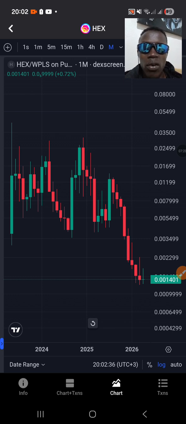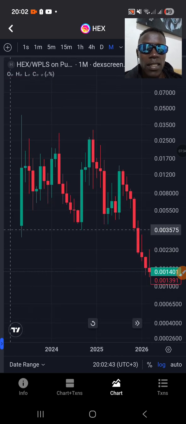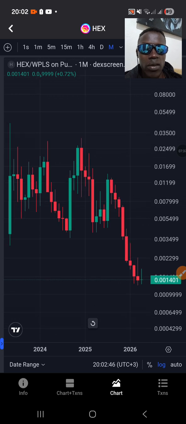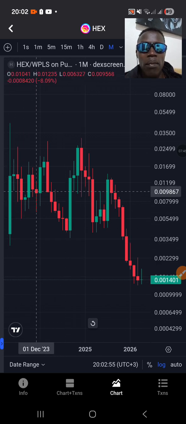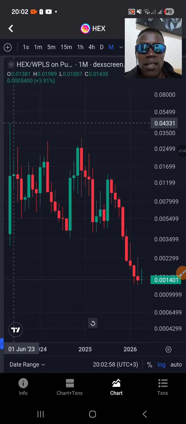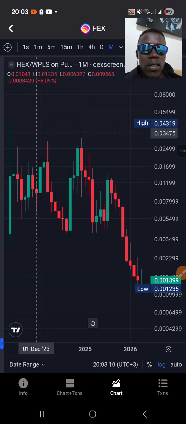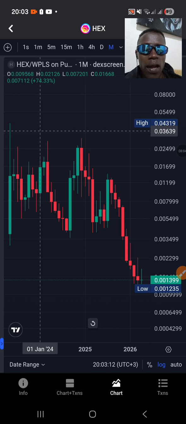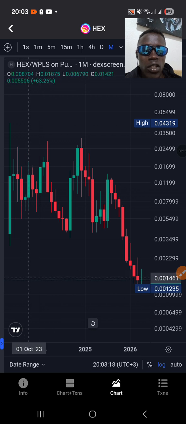So you can also see from the start up to right now, where price is sitting at 0.201401 US dollars. Using this crosshair, I'm able to locate different prices at the all-time high here. And of course, we can add this label here, so that it shows us this high where price had gone at 0.4319, and we have this low at 0.201235.